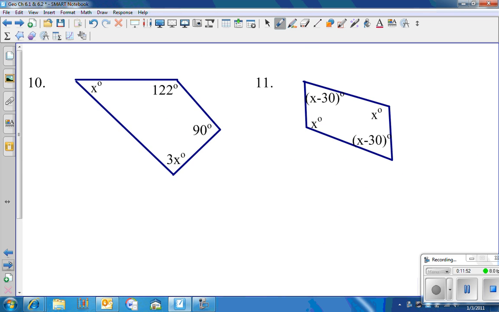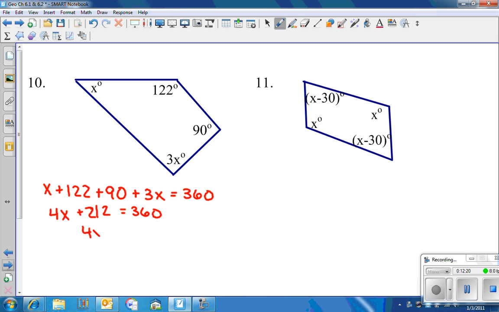Number 10. Again, same kind of concept. We add them all together. Be careful that you have 4 x's. 3x plus 1x is 4x. Subtract the 212 from both sides.